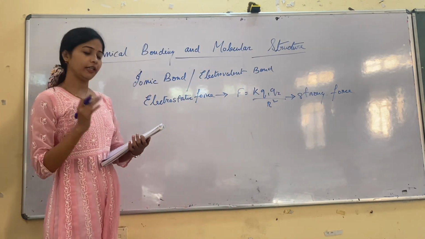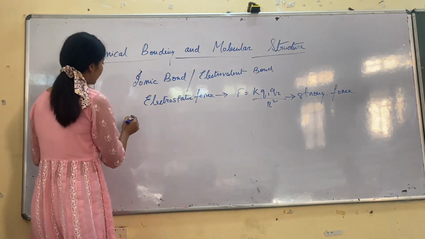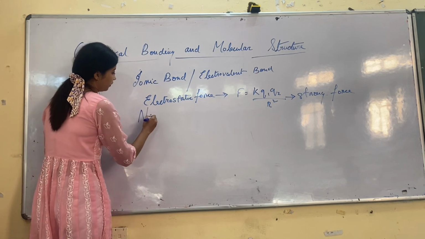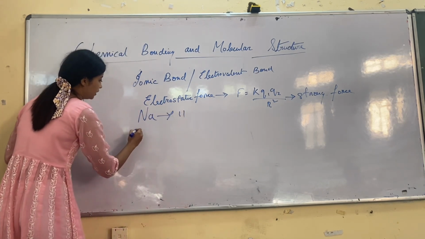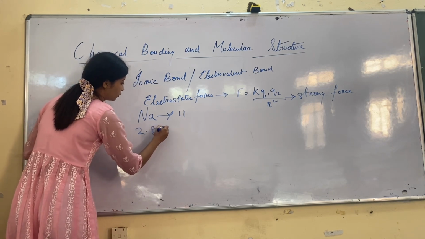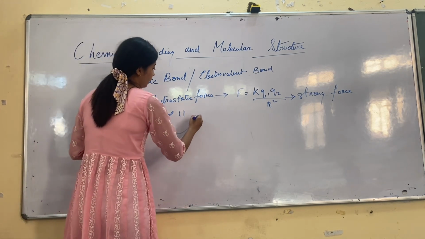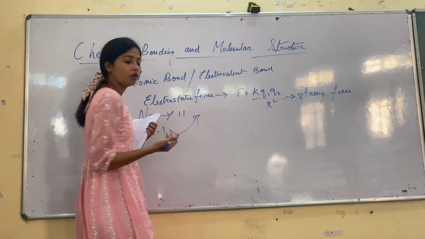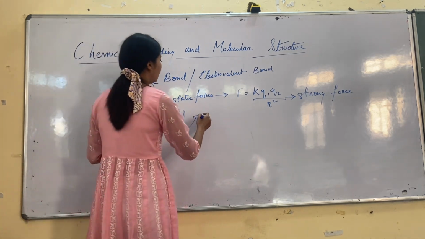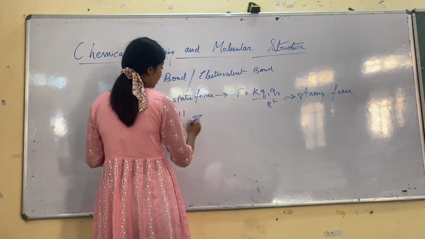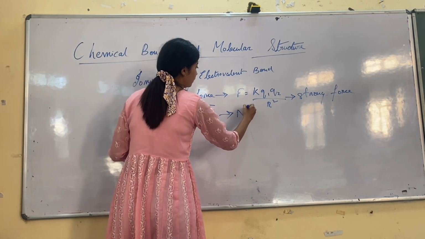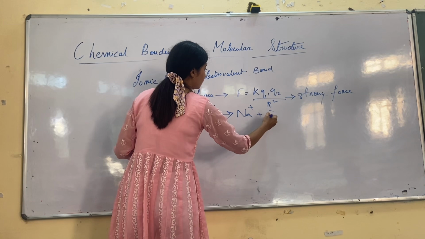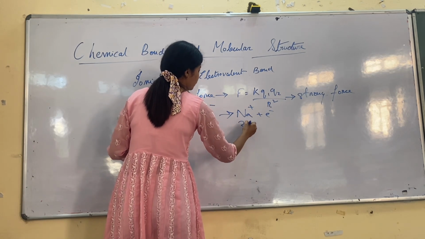Now we are going to take an example of a metal and non-metal. Let us take an example of a metal, sodium, given as Na, and its atomic number is 11, which is denoted by 2.8.1. As per the octet rule, it loses one electron and becomes Na+ and e-, and it becomes 2.8.